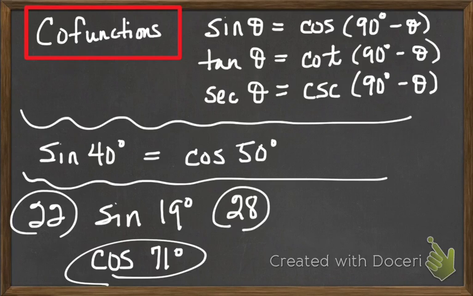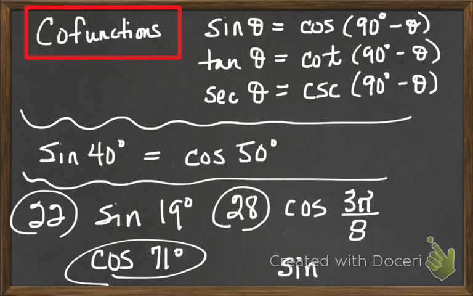So 28 is asking you, they're giving you cosine of 3 pi over 8. And they're asking you for another trig function that is equal to cosine of 3 pi over 8. So they're talking about cofunctions because cofunctions are equal. If they give you cosine, then you're going to use sine.